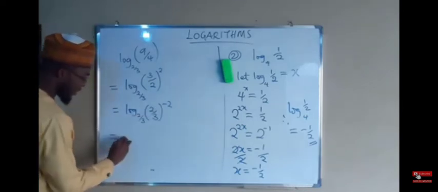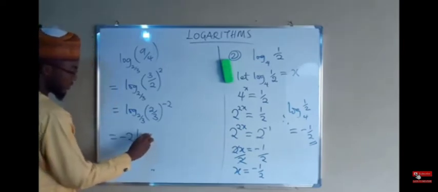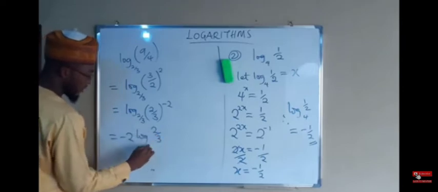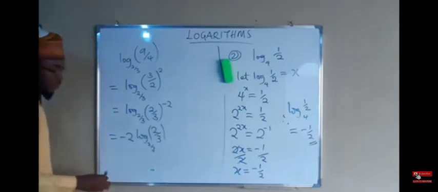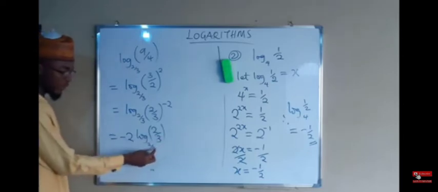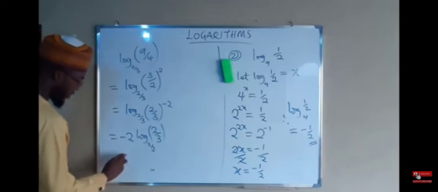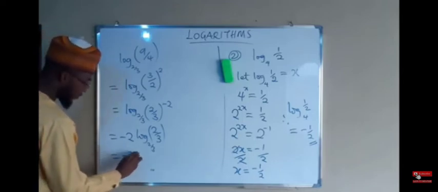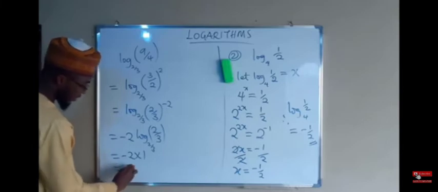This equals negative 2 log of 2 over 3 base 2 over 3. When you have a number similar to the base, the log equals 1. Therefore, we have minus 2 times 1, and this equals negative 2.